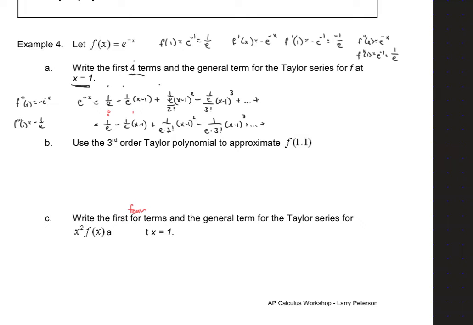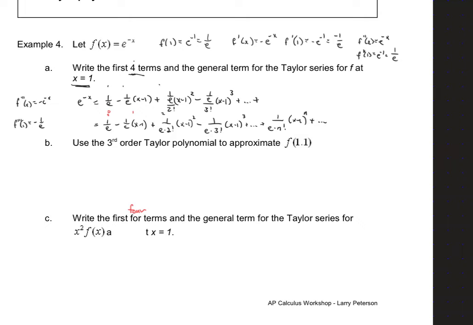Then the nth term is going to be 1 over e, and the factorial is going to match the term number. So it's going to be an n factorial, and so will the power of x minus 1 be to the n. But that's not the only correct answer. Then we're going to use the third order polynomial to approximate f of 1.1.